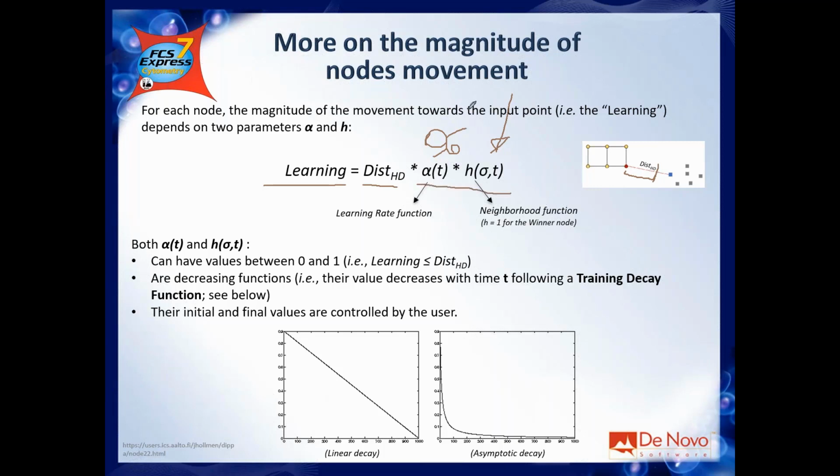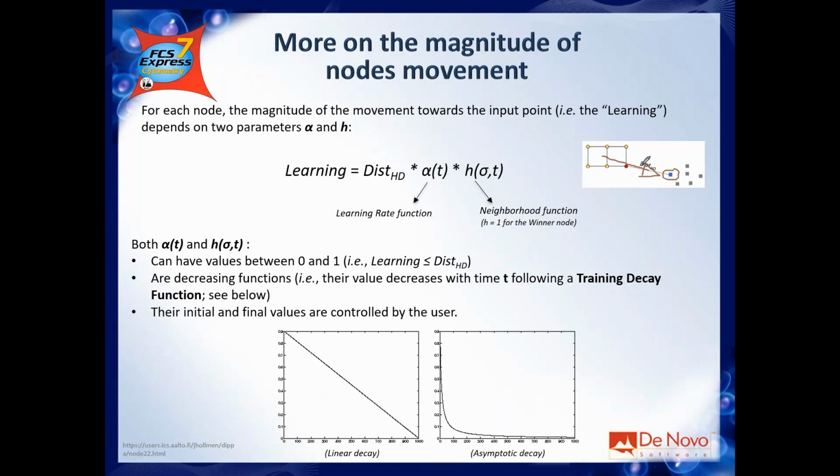Not only that, but those two, alpha and h, the learning rate and the neighborhood function, are decreasing functions. At every cycle, remember what we saw in the last slide, this is just point 1 and then you stretch towards that point. But at cycle 2, you will pick up another point and you will stretch the grid towards that other point. At cycle 3, you will repeat that for another point.